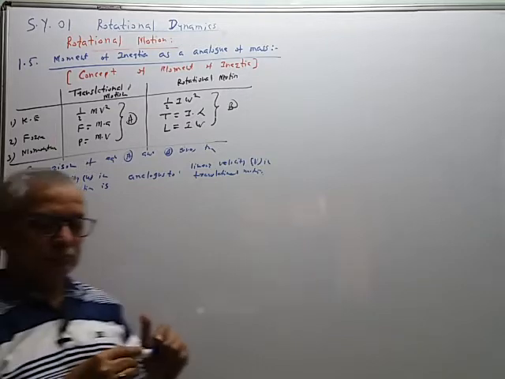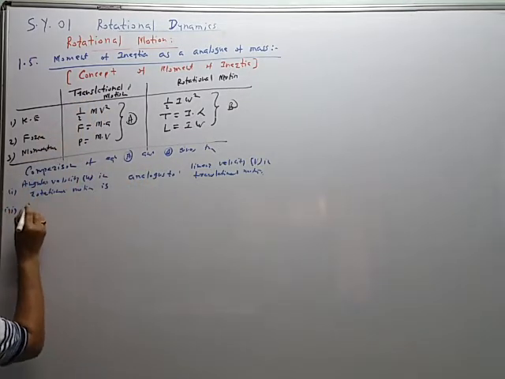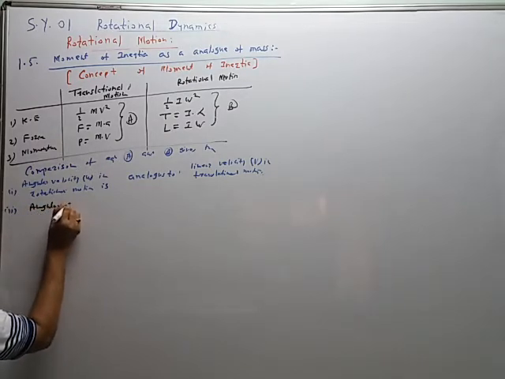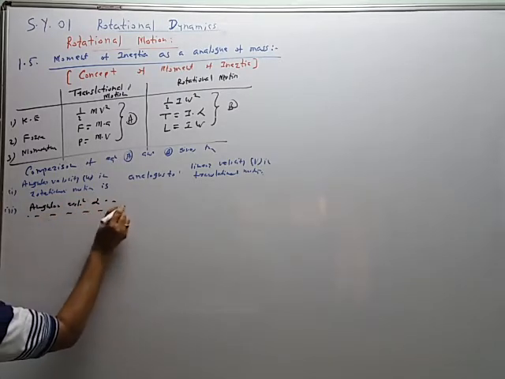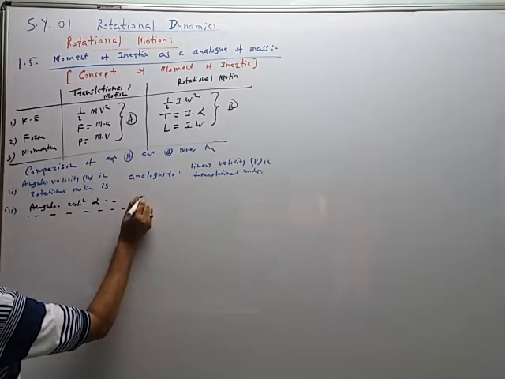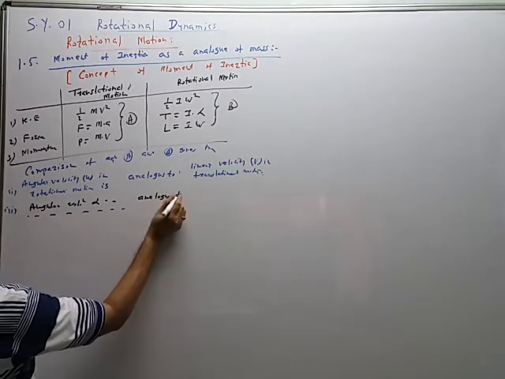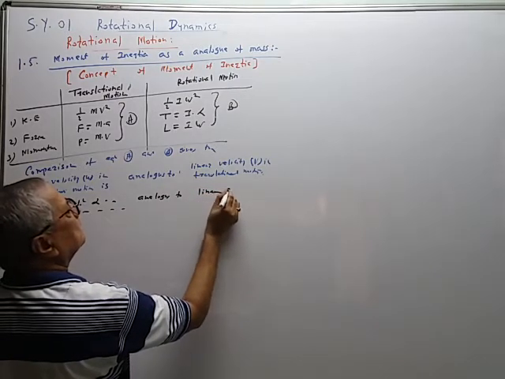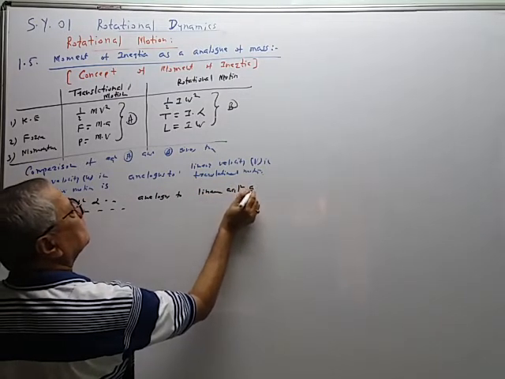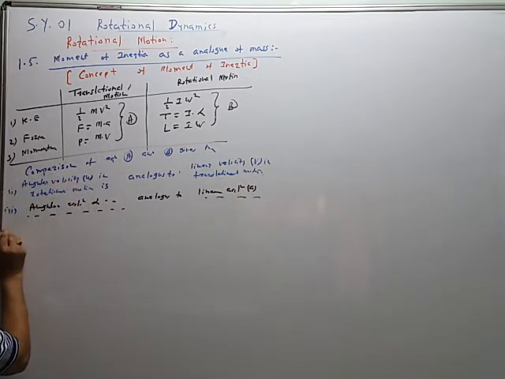Second one, now I will write down in short. Angular acceleration alpha in rotational motion is analogous to linear acceleration a in translational motion.